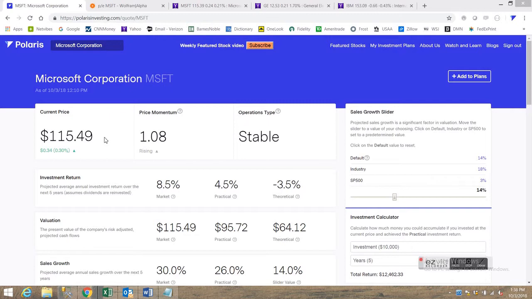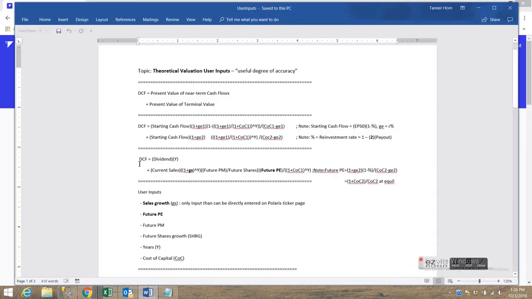Well, we'll start by looking through the individual values that make up the valuation formula. As a reminder, here is the valuation formula used by Polaris. We'll be looking at the growth of sales, and the number of years is another input. Polaris uses 5.